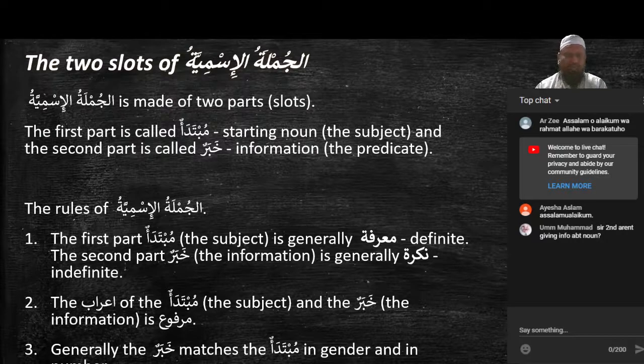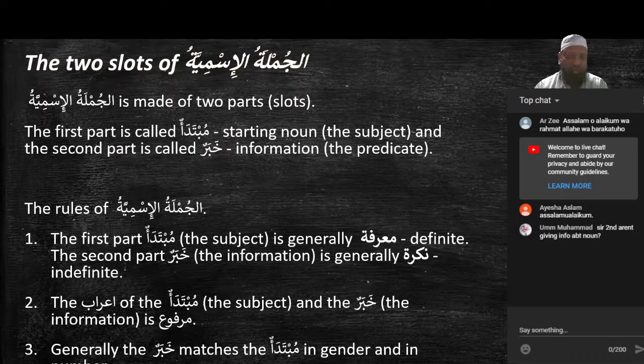So you have to start with a ma'rifah ism to make that Mubtada, a definite ism. The second part, Khabarun, is generally nakira. So when you bring information as a khabar, that has to be a nakira. So what is the first rule? The mubtada is ma'rifah and the khabar is nakira.